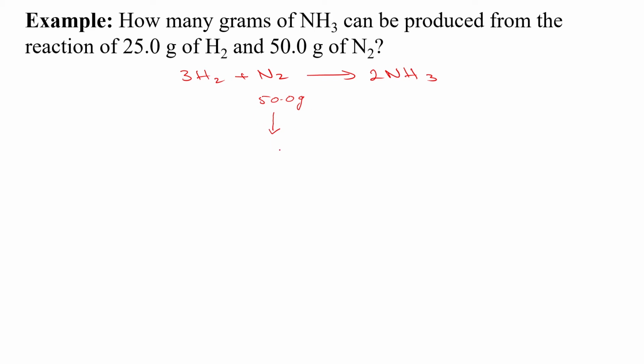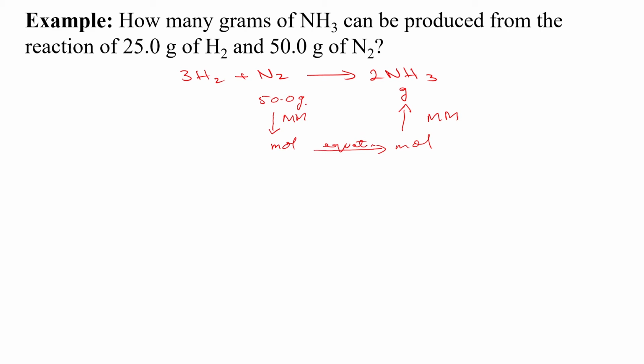So 50 grams, you're going to convert them to moles, and then from moles, you are going to convert it to moles of the reagent that you have to find, which is ammonia in this case, and then you are going to convert it to grams. So for the mole to grams and grams to mole conversions, you need molar mass. This as well, you need molar mass, and this will come from the equation.